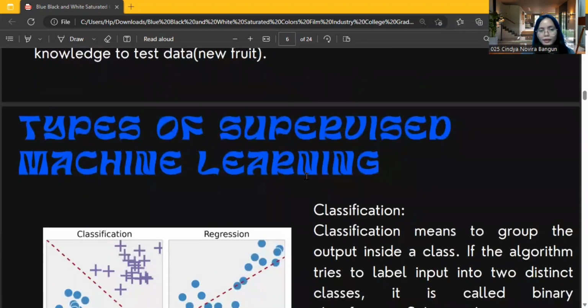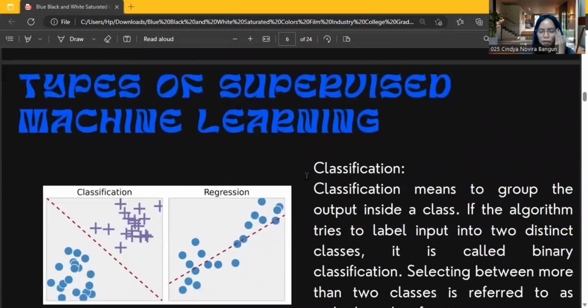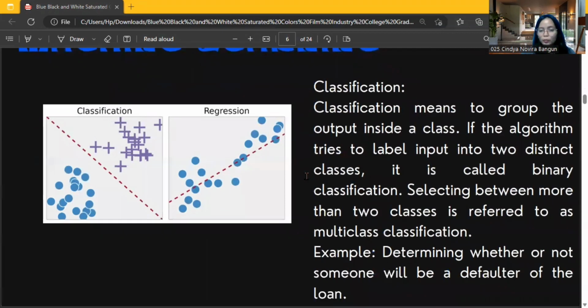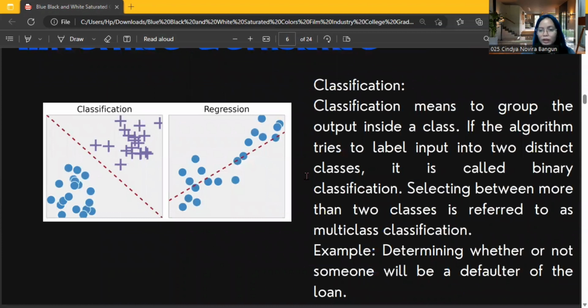Types of supervised machine learning. 1. Classification. Classification means to group the output inside a class. If the algorithm tries to label input into two distinct classes, it is called binary classification. Selecting between more than two classes is referred to as multi-class classification.